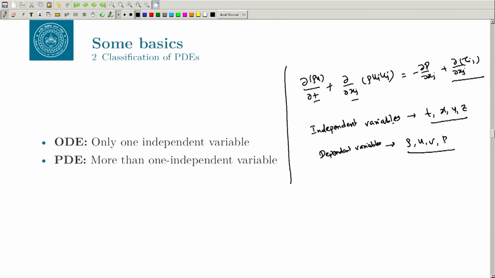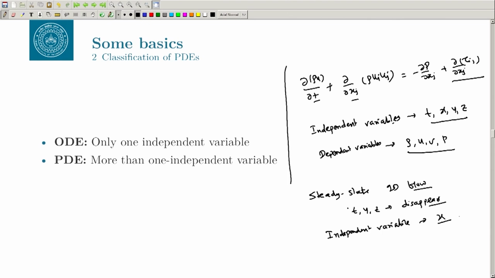If an equation has just one independent variable, for example a 1D steady state flow, then t, y, z all disappear, and the only independent variable is x.